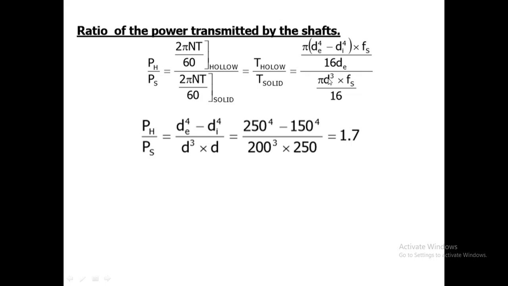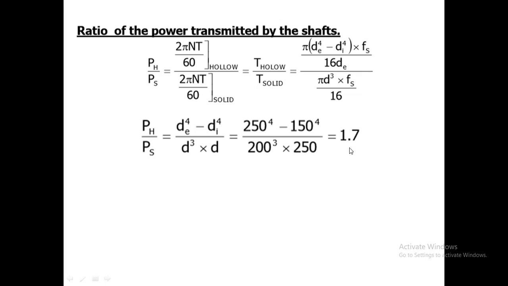Since all the diameters are known and the shear stress is the same, the equation simplifies down to only the diameters. So the ratio of powers of the hollow shaft and the solid shaft is in terms of the known diameters. If you substitute those values, we can easily get the ratio.